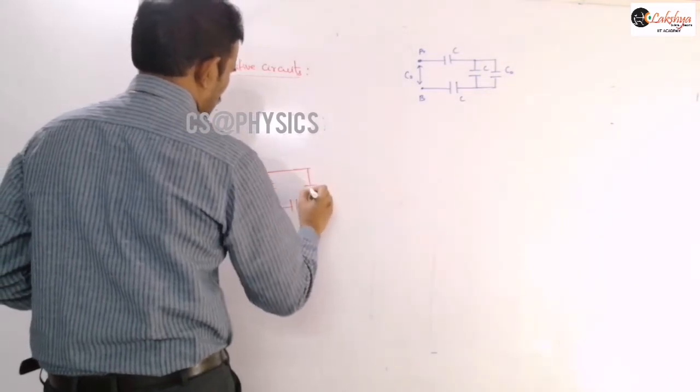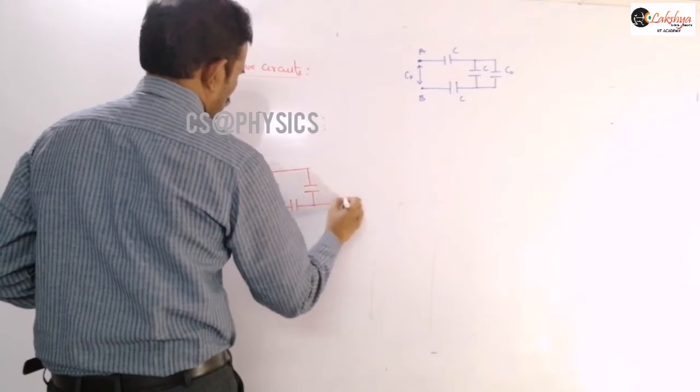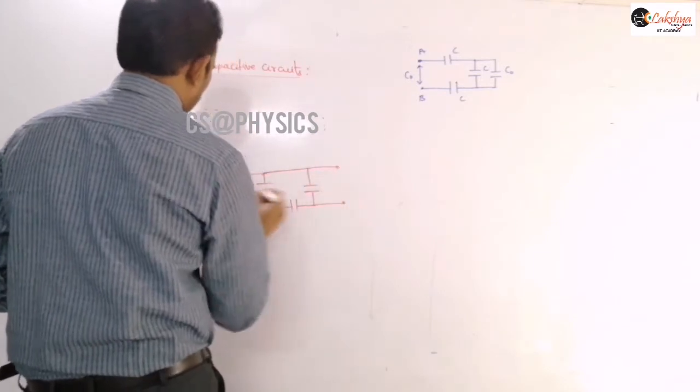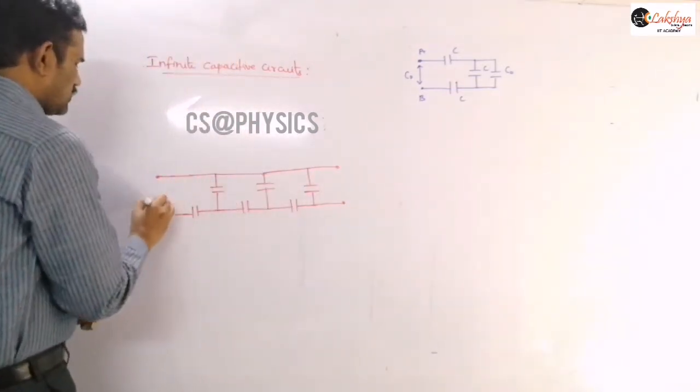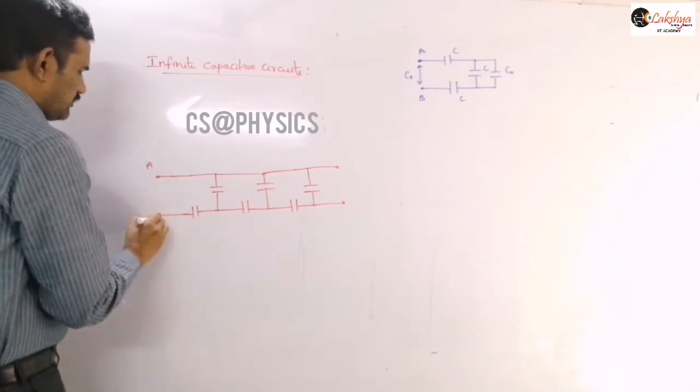So such an infinite circuit is there. Now we need to find the effective capacitance here. So these are our points A and B.